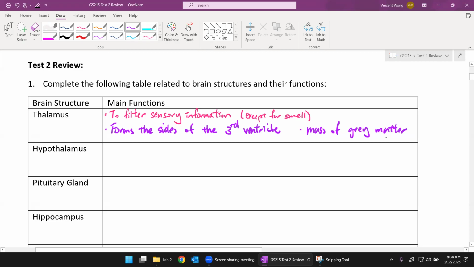So gray matter is for processing of information, which is what you would expect if you were filtering information, whereas white matter is more for transmitting information, right?